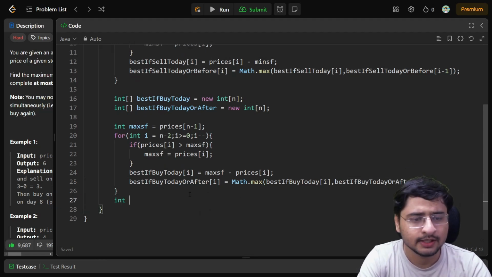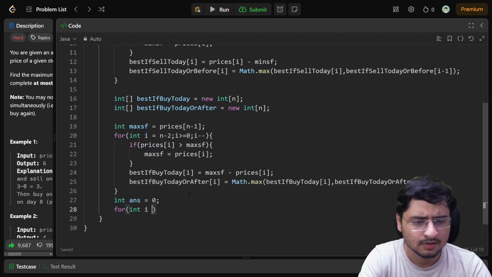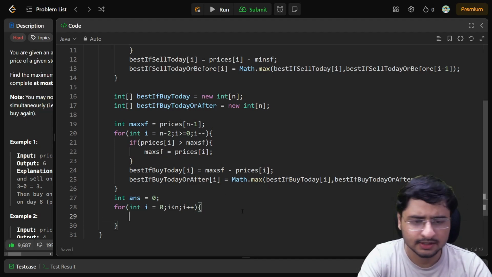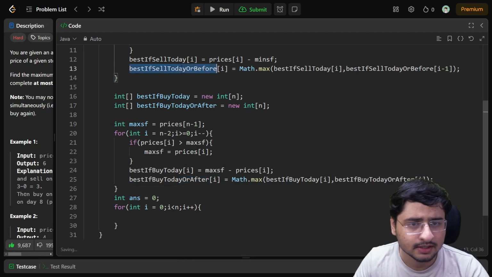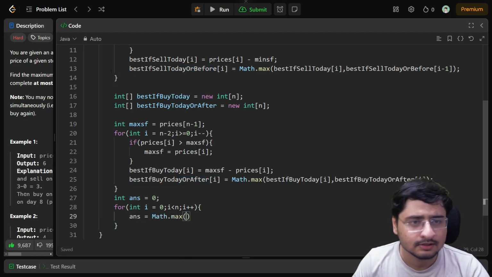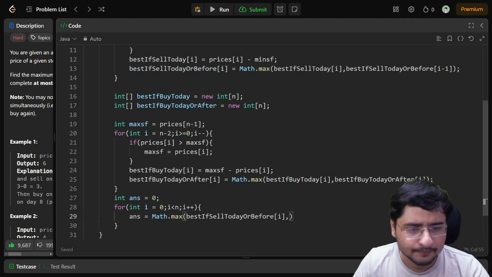Int answer will be, for int I is equal to 0, simply we are going to traverse till n. The final step will be calculating the answer out of both of these two arrays, right? So answer is equal to math.max of this particular value, comma this particular value.